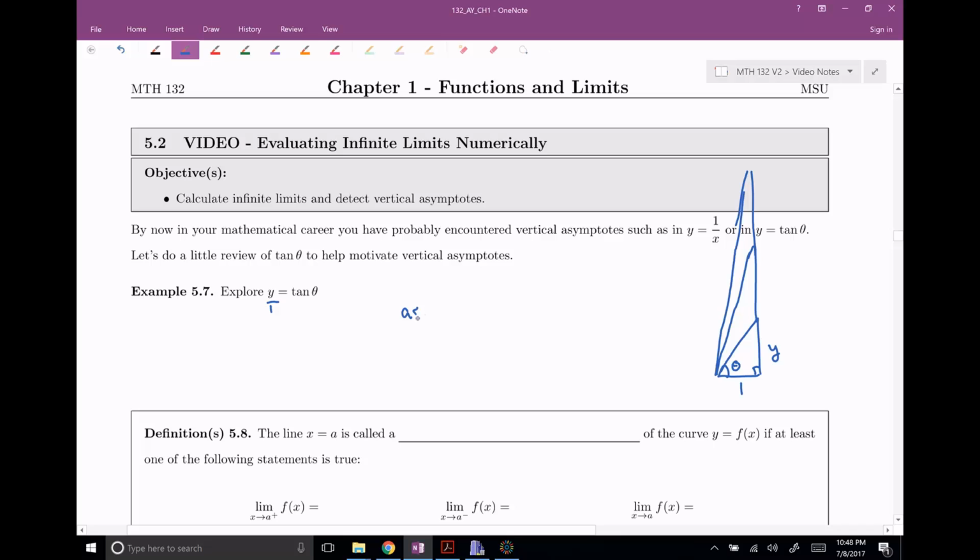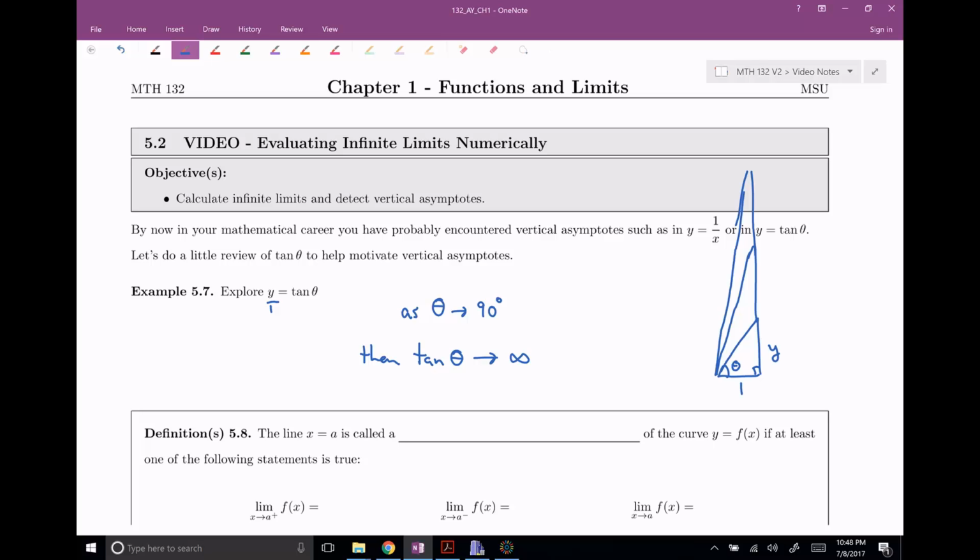So as theta approaches 90 degrees, or pi over 2, which is probably what I would prefer, then tangent of theta, or in our case y, will approach, well, it's getting very, very large, so it approaches positive infinity. So this is one of the first times that you can come across a vertical asymptote.